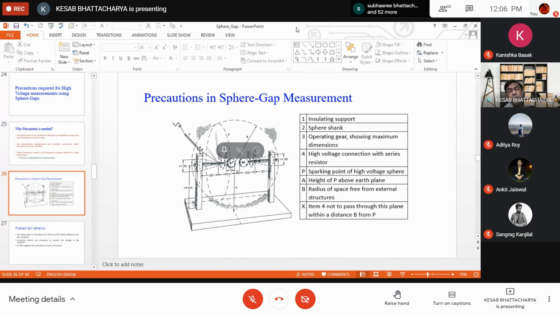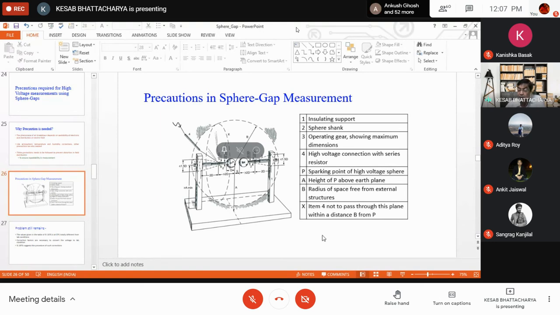So if you allow the high voltage connection to incline in the other direction, as shown by this line showing B, then what will happen? The field lines of this item will affect the field lines between the two spheres. That is why it should not be allowed to pass through this plane within a distance B from P.